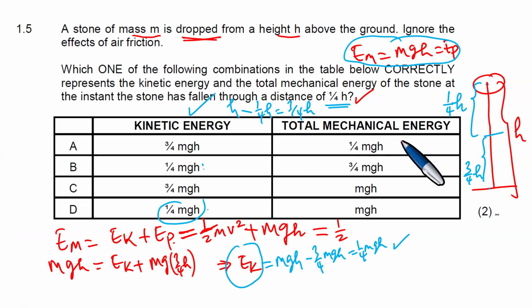The total mechanical energy does not change. The total energy is what we had before. It is the same; it's just that there's energy conversion from potential to kinetic by virtue of the motion. So in the end, the mechanical energy is mgh, and the kinetic energy is just 1/4 of mgh.